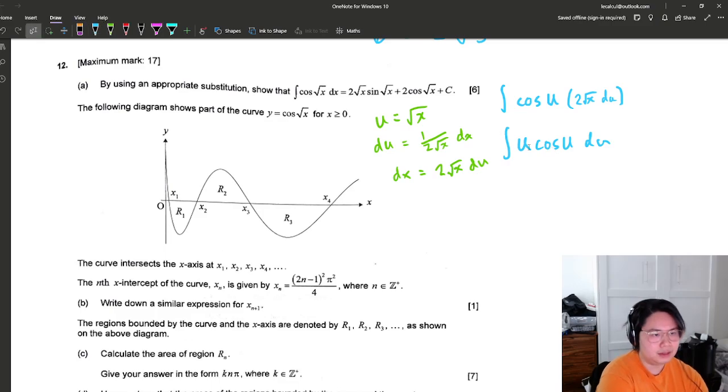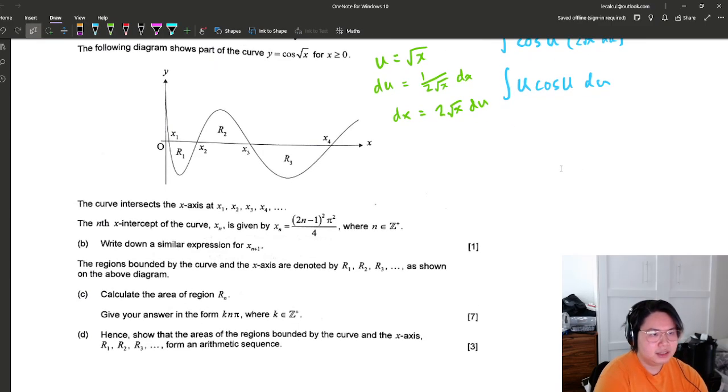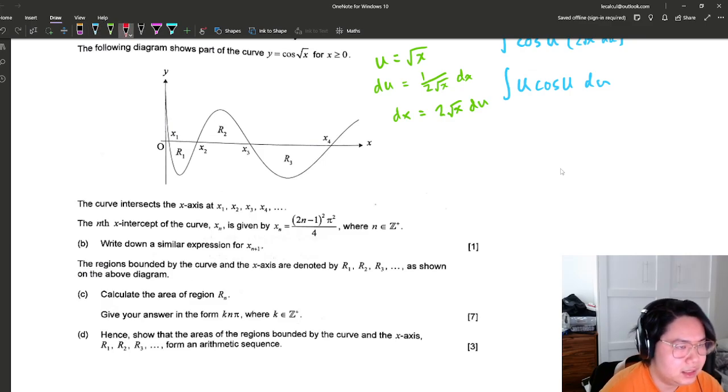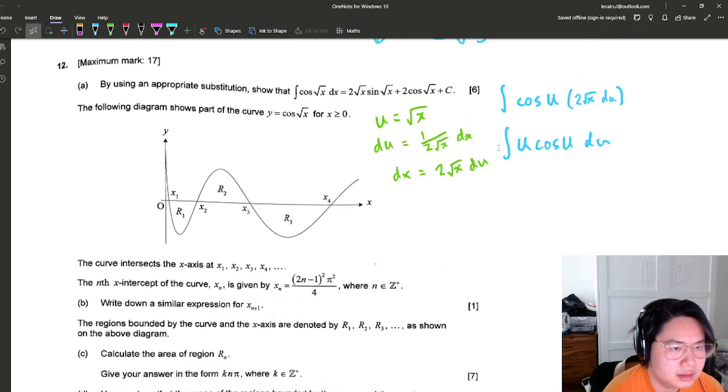Well, I have a polynomial multiplied by a trigonometric function. I think I can integrate this one using integration by parts, because this definitely looks like you need integration by parts somewhere.